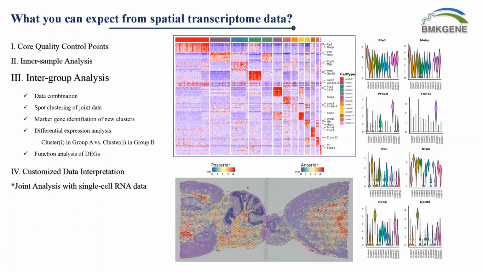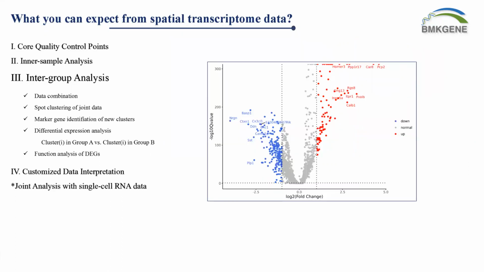Differential expression analysis between samples can also be done. If there are common clusters existing in both samples, we can compare the differential expression of this common cluster, and then still find some genes that are a little bit different, though overall they are more similar. These genes can also be sent for functional analysis, for example, GO or KEGG enrichment.